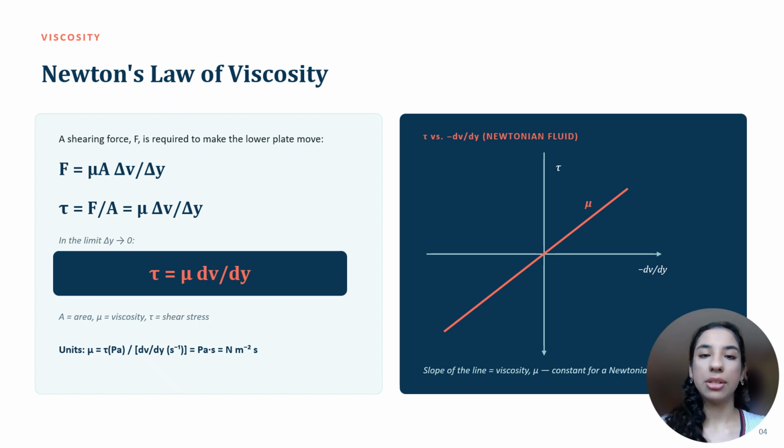And then on the right you have a graph of change in velocity over change in y, against tau, and you get a linear relationship. So that means viscosity is linear. It's not the case for every fluid though, it's just with assumptions. We love assumptions. It makes everything simpler.